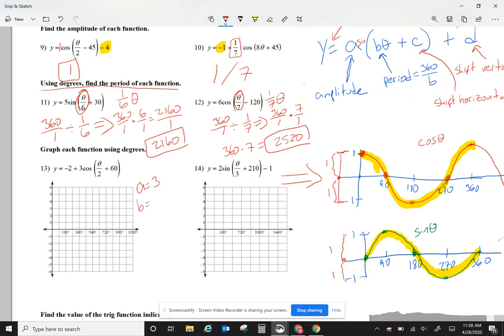For the period, I'm looking at 360 divided by 1/2. So 360 times 2. The period is 720. It's going to take 720 degrees for the whole cycle to repeat. Now, for my C, I'm going to move this 60 degrees to the left.